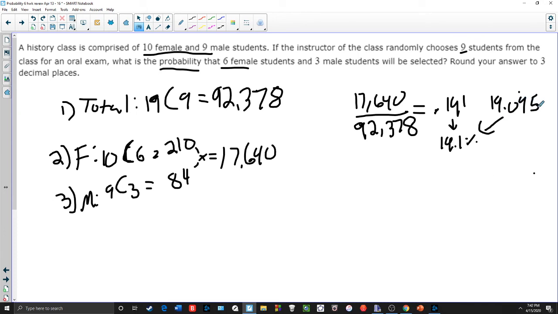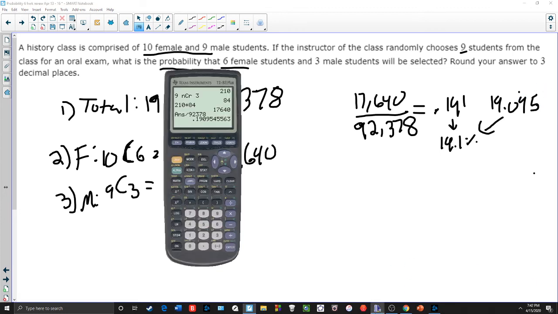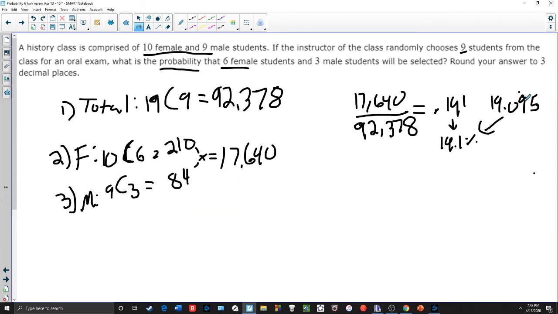But if that was like a 4 there, then technically my answer would be 19.094 or something like that. Actually, I think after the 5 is also a 4, so this could technically also be considered a final answer, because this is the percent rounded to 3 decimal spots. So when they ask you to round, it's always kind of an issue until you've done it once.